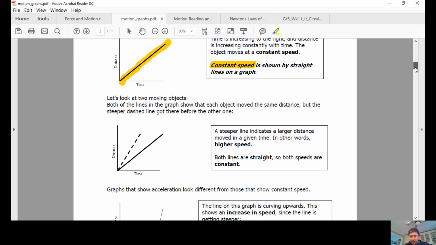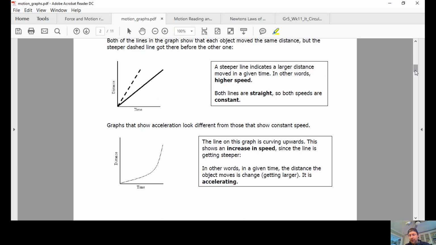But imagine airplane travel, like flying in an airplane, less traffic, you can maintain a speed. That's why, for the most part, airline companies are very accurate with arrival times and departure times. Of course, then there is weather that can influence that, but we won't worry about that right now.